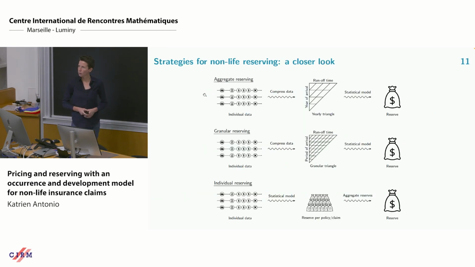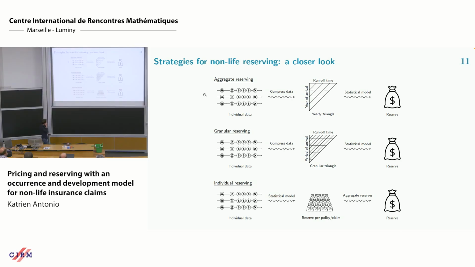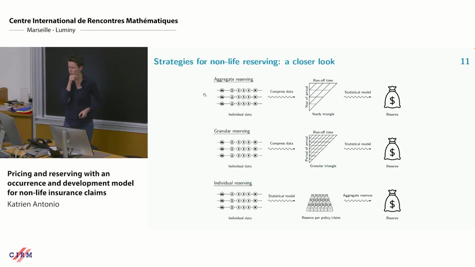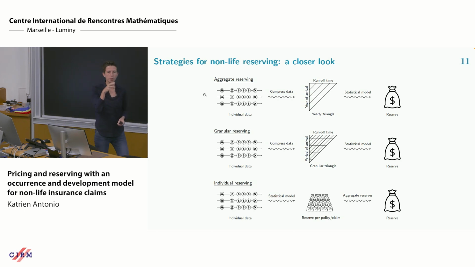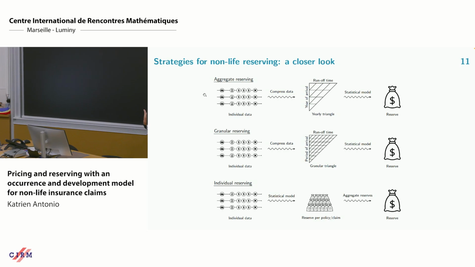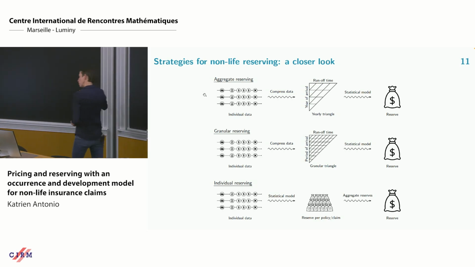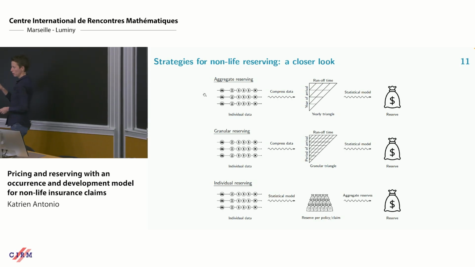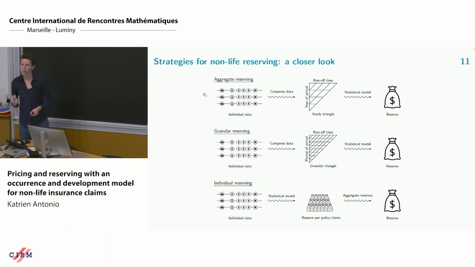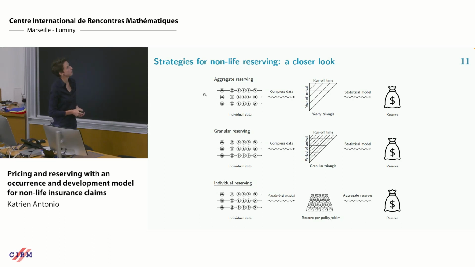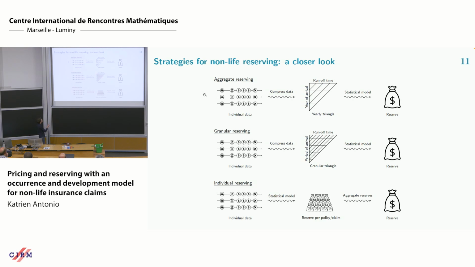Now, the idea that I want to launch here today, and which will be relevant for the rest of my talk, is that we've seen, in a series of papers in this field, that we can question the way we use the data for reserving. And with Jonas, we try to distinguish three different areas in this literature: what we call aggregate reserving, granular reserving, and individual reserving.